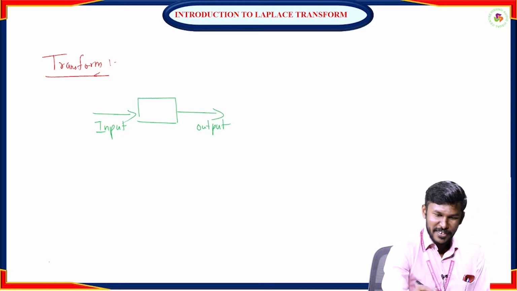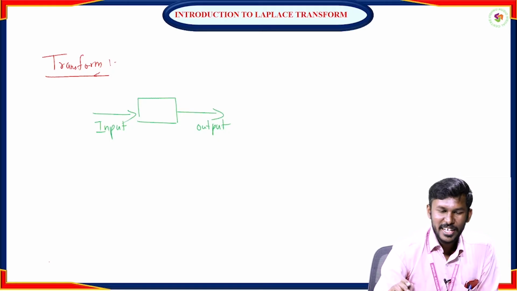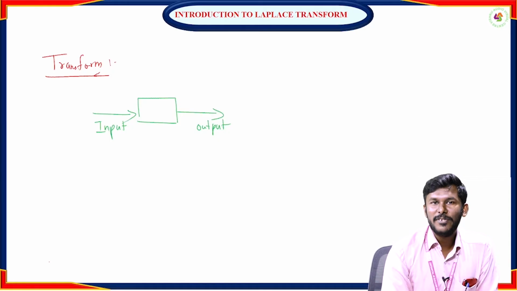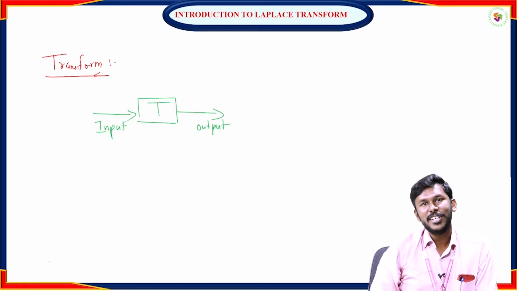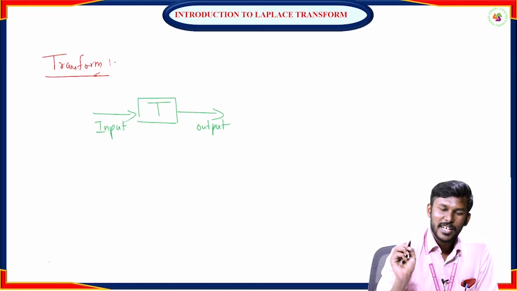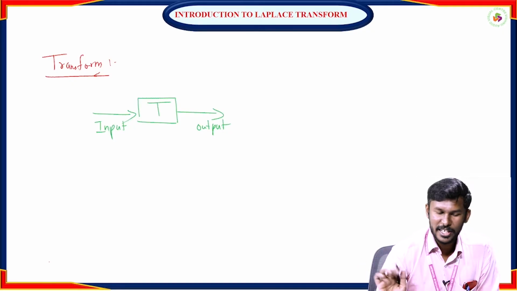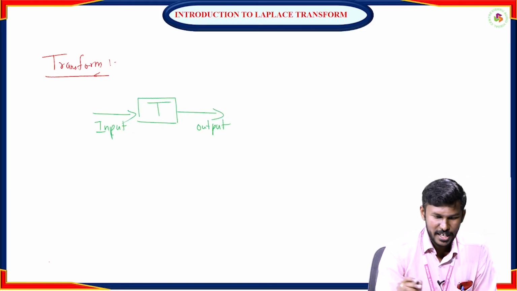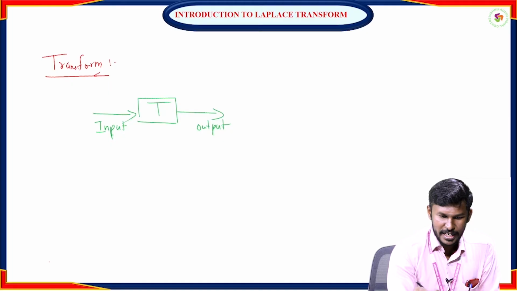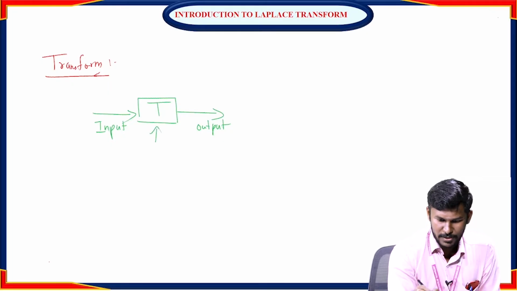In between, suppose I have a computer doing the operation of transform. Something I put in as input, it gets transformed, and I get something else as output. This is called a transform.